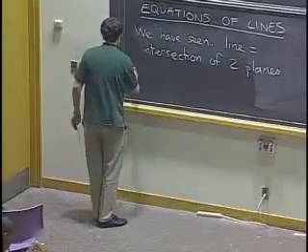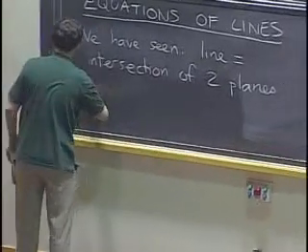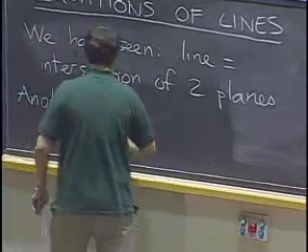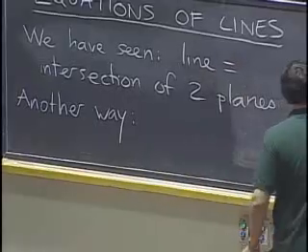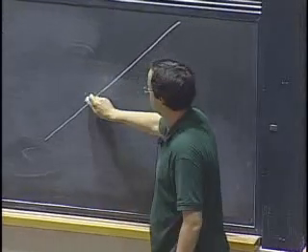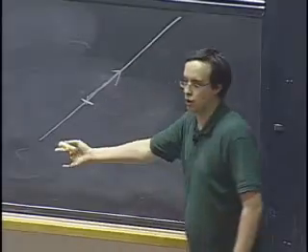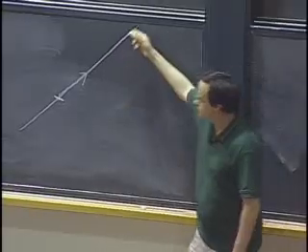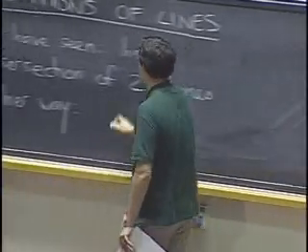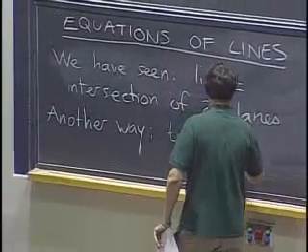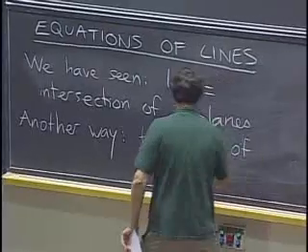So instead, there's another representation of a line. If you have a line in space, you can imagine that you have a point on it, and that point is moving in time, and the line is the trajectory of a point as time varies. So think of a line as the trajectory of a moving point.